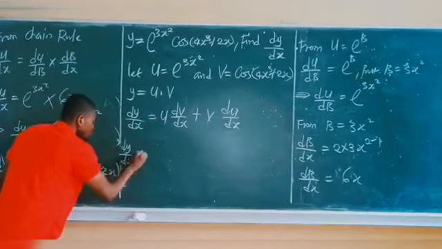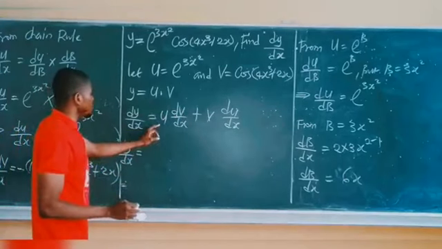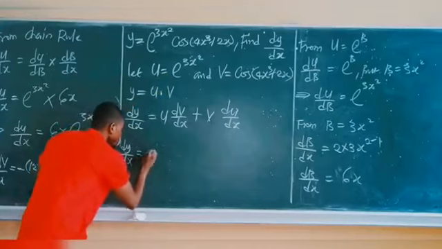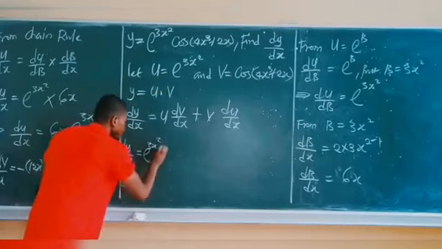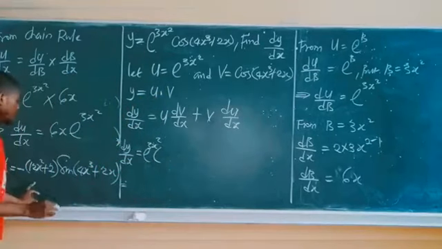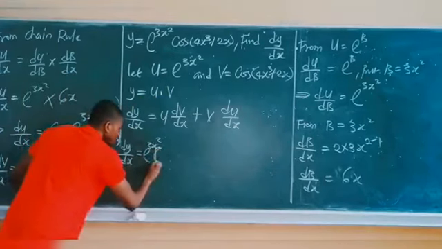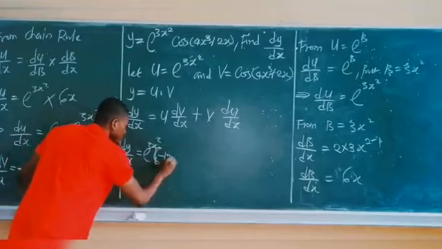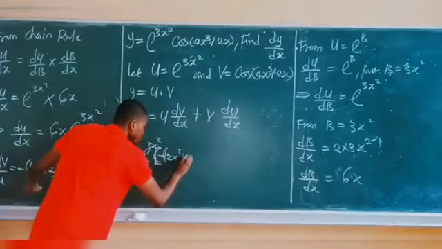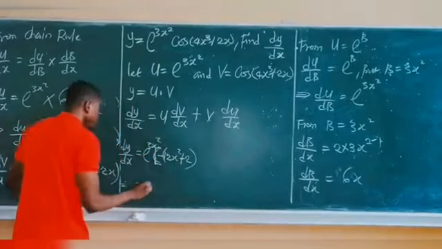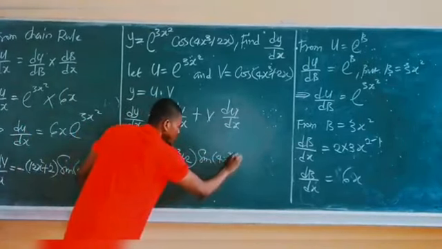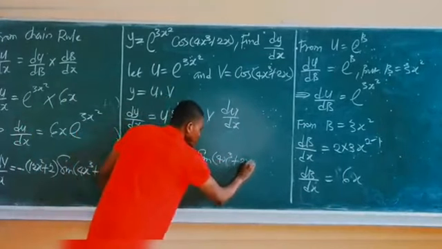dy dx is now equal to, we said u, and u is simply what? Exponential 3x squared. So we'll put it down, exponential 3x squared multiplied by dv dx, and dv dx gave us this. Okay, so multiply simply by minus 12x squared plus 2, okay, sine 4x cubed plus 2x.